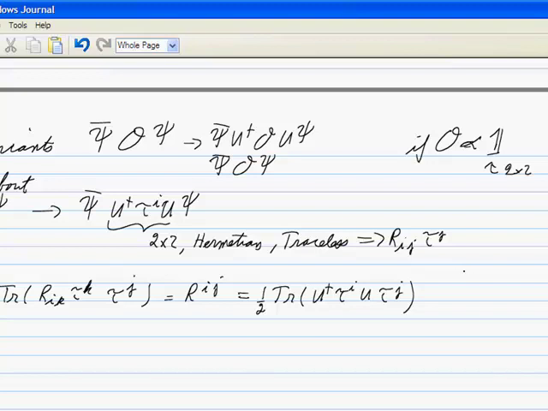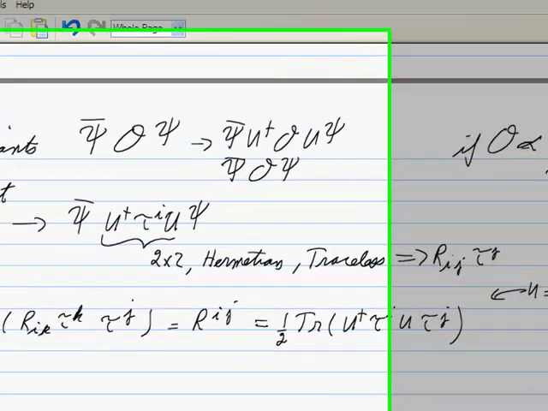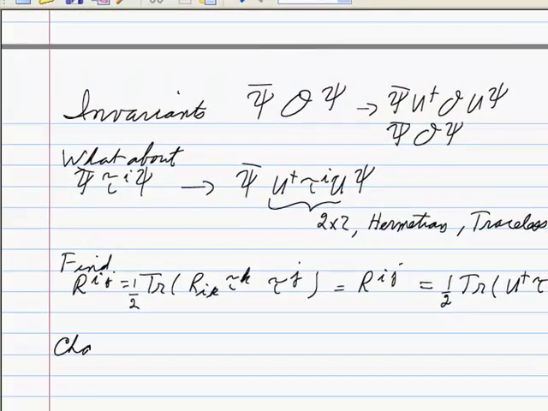And remember, u has the form e to the minus i alpha dot tau. But now I want to claim that R ij is an orthogonal 3 by 3 matrix.